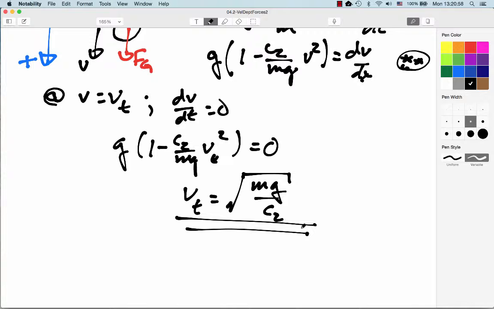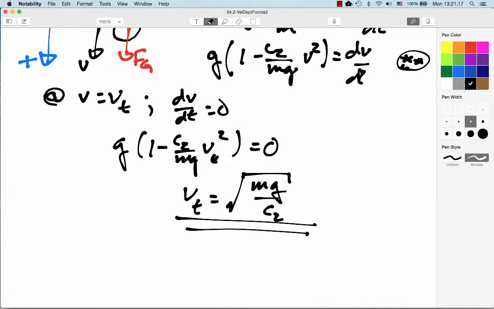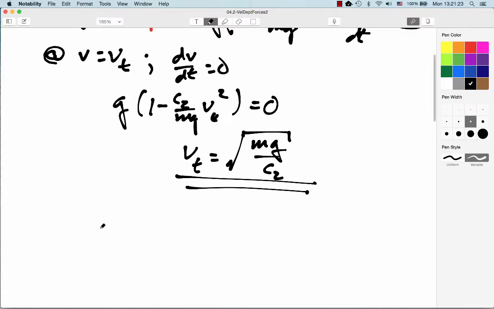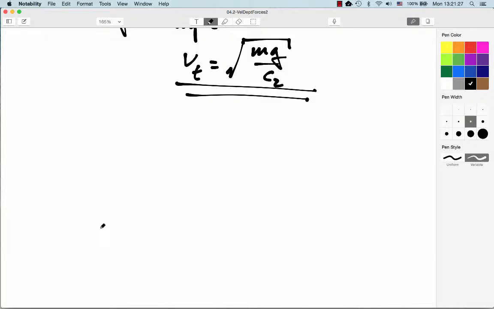So at least we found our terminal velocity without having to do a whole lot of horrendous math. Now, when we get to it later, sorry, that looks really bad right there. That should be a dt. There. Now, when we get to it later, we can use this to check our work, because now we're going to go ahead and try to solve it for real.